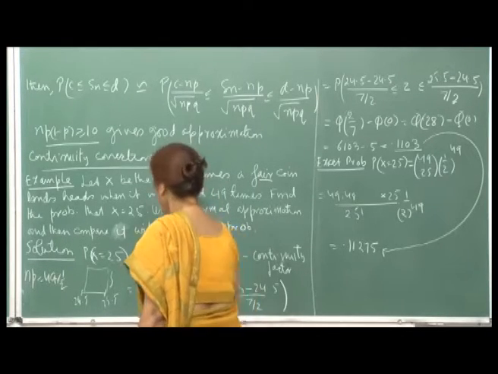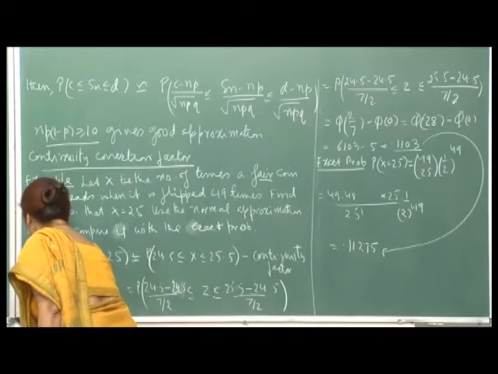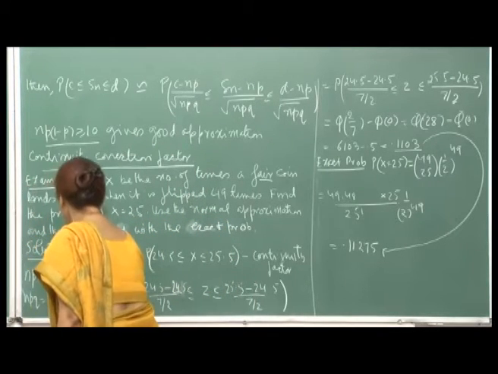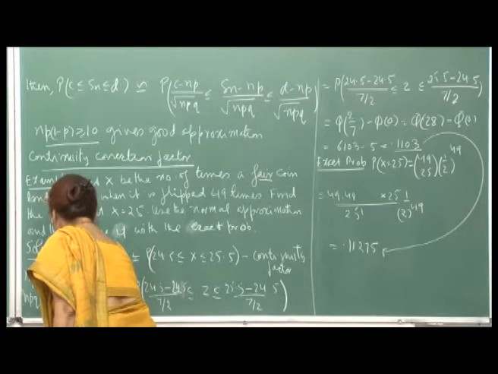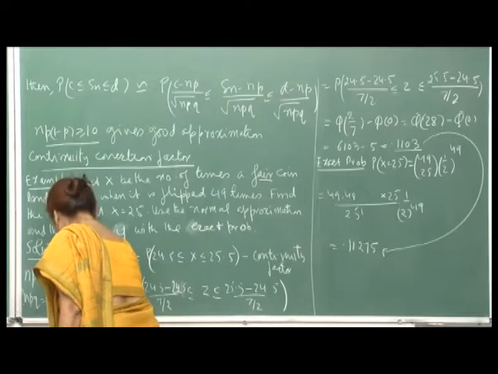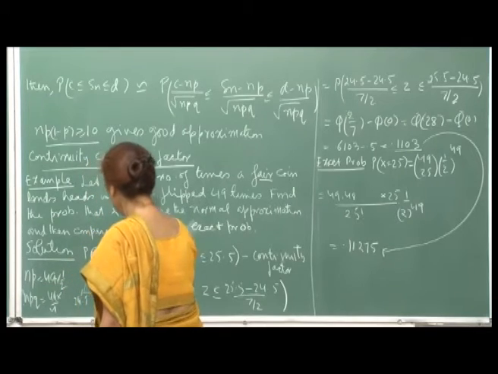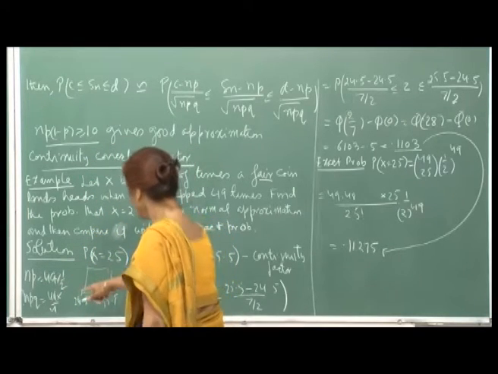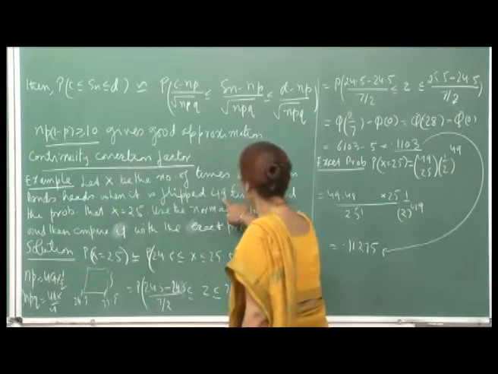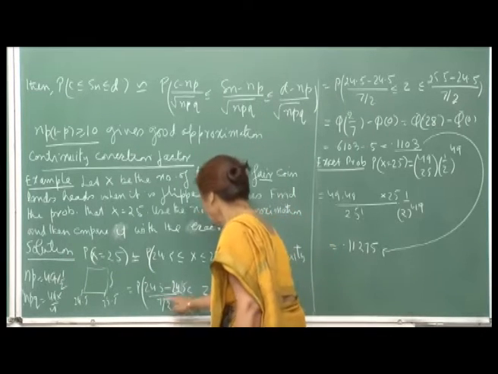And your variance is npq. So, that is 49 into 1 by 4, and so the square root of that would be 7 by 2, and that is why I chose this 49, to make it a perfect square.